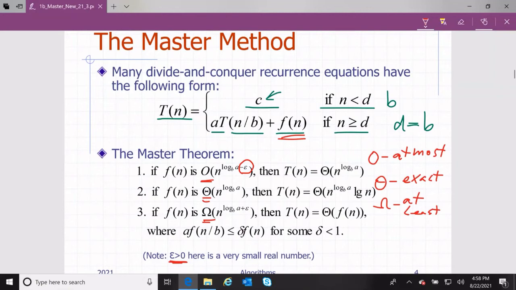Second, if f(n) is exactly n to the log base b of a, without epsilon, then T(n) is exactly n to the log base b of a times log n. This is the one we have seen in merge sort.